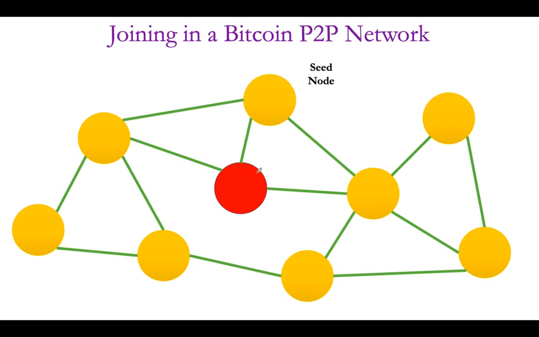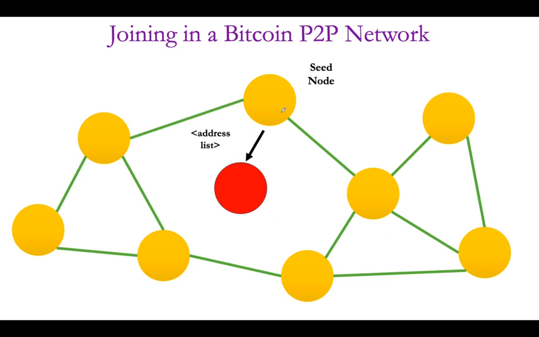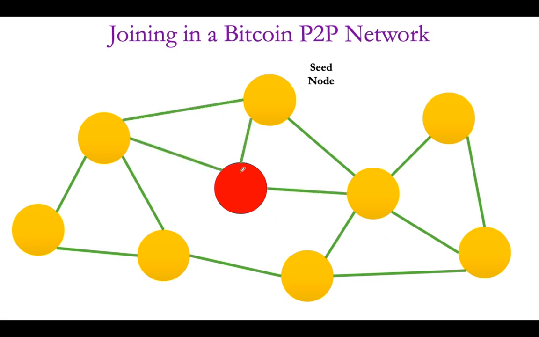This node has the addresses of these three nodes, so three addresses will be in that address list. By using those three addresses, the new node will try to connect with these three nodes because their addresses are known. After that, it can start doing transactions.